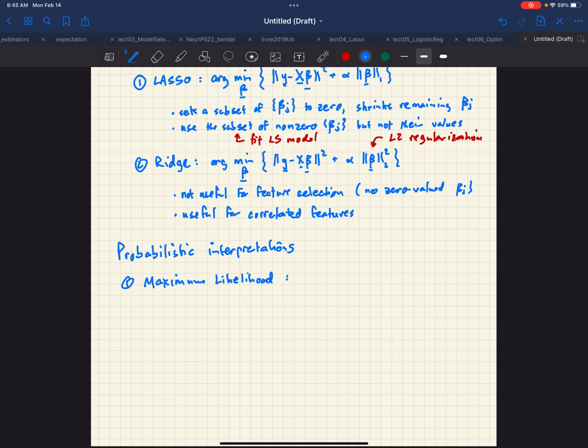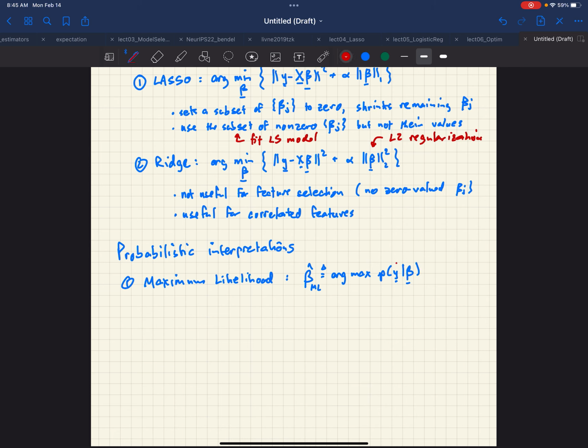And in maximum likelihood, we set beta hat, we call it beta hat ML, to be the argmax of the probability of y given beta.